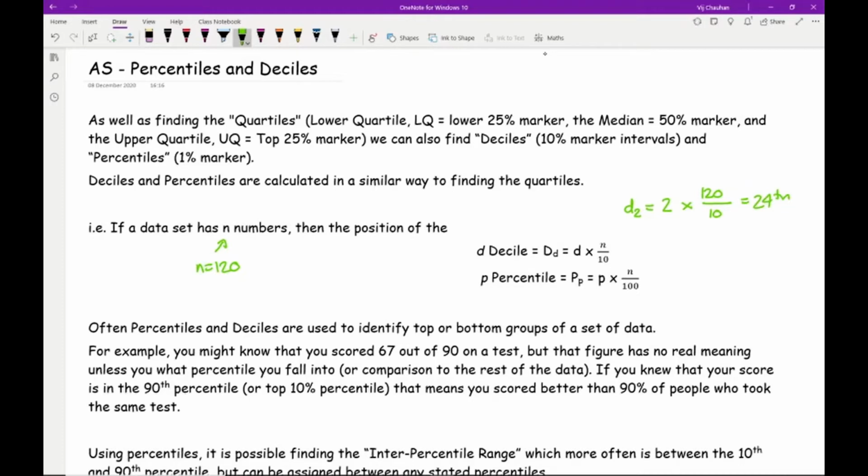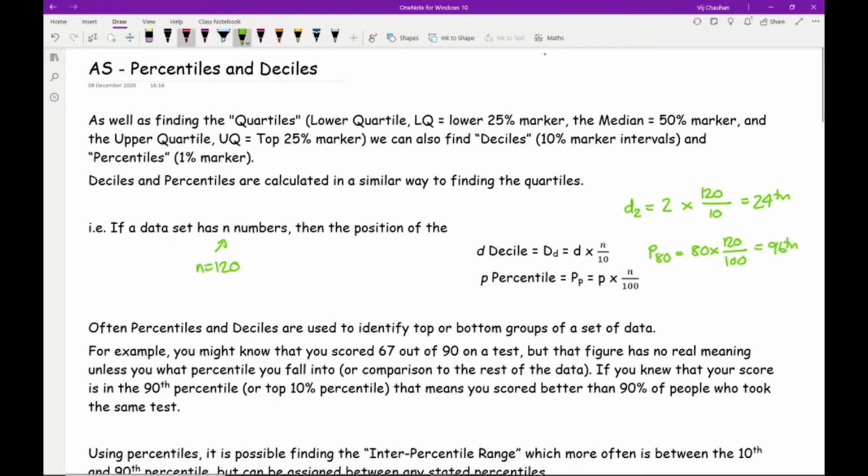If I wanted to work out what the 80th percentile is, then I would do 80 times n, which is 120, divided by 100, and if I just quickly type that into my calculator, I get 96. So that would tell me that my 80th percentile would be the 96th number in the ordered list.